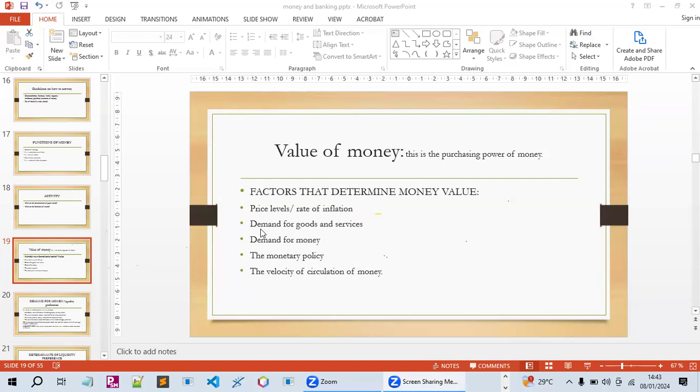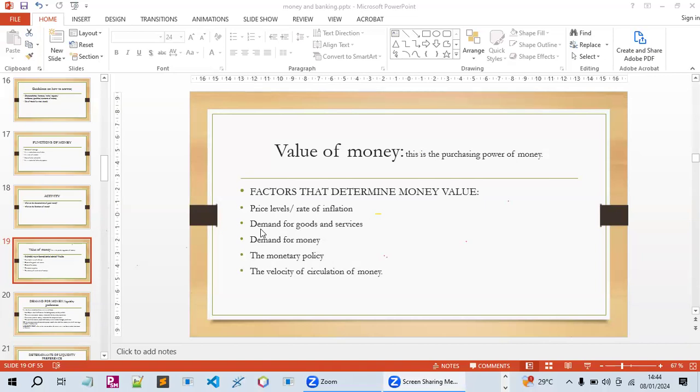And then there are certain factors that influence the value of money. These include the rate of inflation, the demand for goods and services, the demand for money, the monetary policy, and the velocity or circulation of money. First, let's begin with price levels or rate of inflation. Inflation is the persistent increase in the general price level of goods and services.